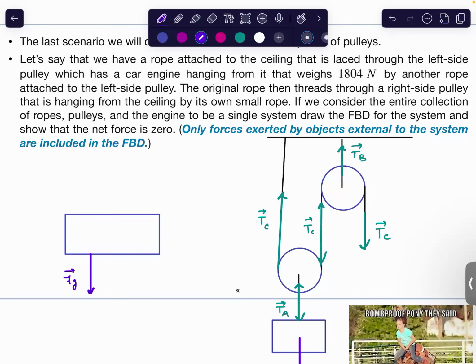Then on the very far right side, you imagine something holding the cable that's external to the system, creating that tension C. You have the ceiling on the very far left side holding the cable.